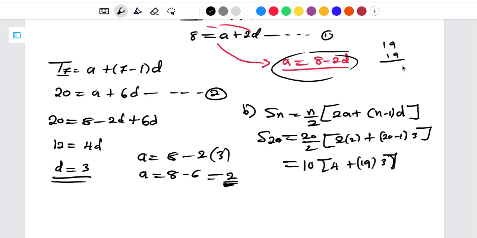This is going to give us 38. 38 plus 19, what are we going to get? This is going to give us 57. Okay, so you can confirm that one.